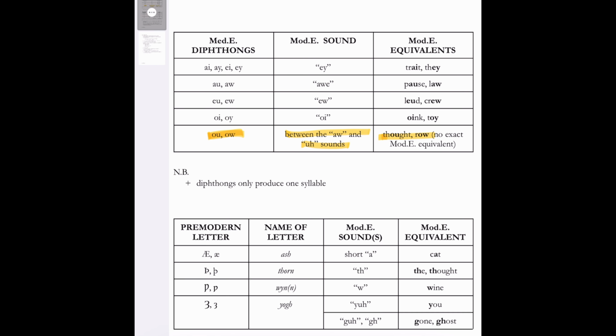Thought is how you would pronounce this in Middle English. So it's not quite an oo or an aw. And can't stress this enough, as I've stressed a million times, diphthongs only produce one syllable.